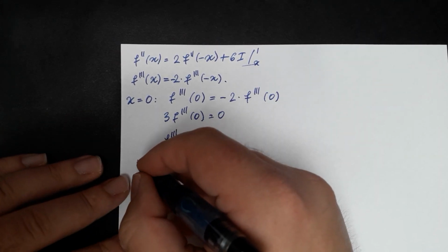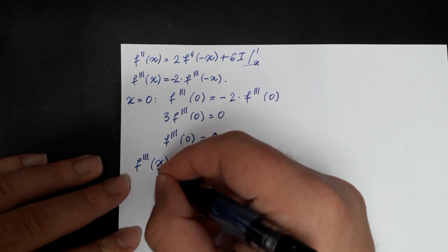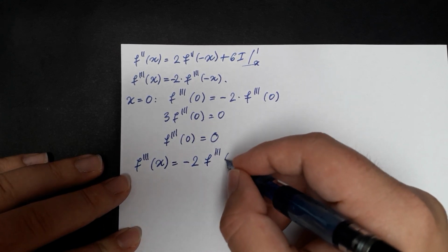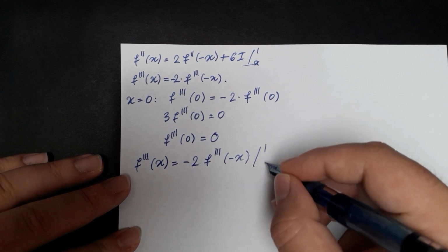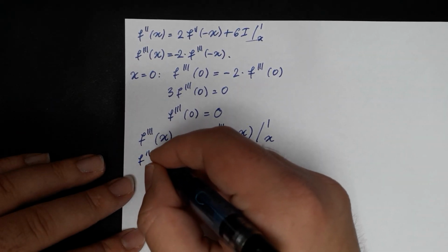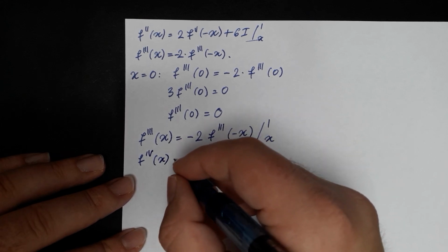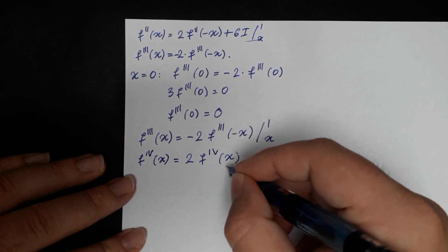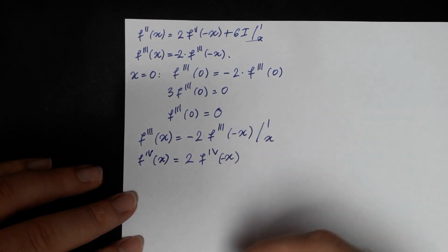Now, it's easy to see that if I take the f third derivative of x is equal to negative 2f third derivative at minus x, and I do another derivative with respect to x, I'm going to get f fourth derivative of x, which is equal to 2f fourth derivative of negative x.